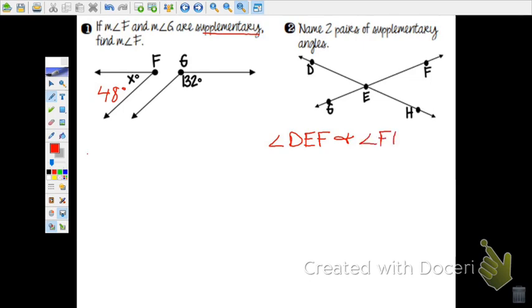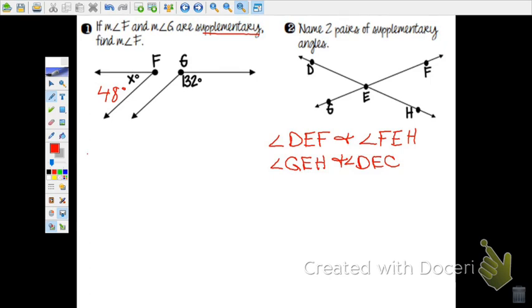Very good. What's another pair of supplementary angles? Angle GEH and angle DEG. Okay. So there are 2 examples.